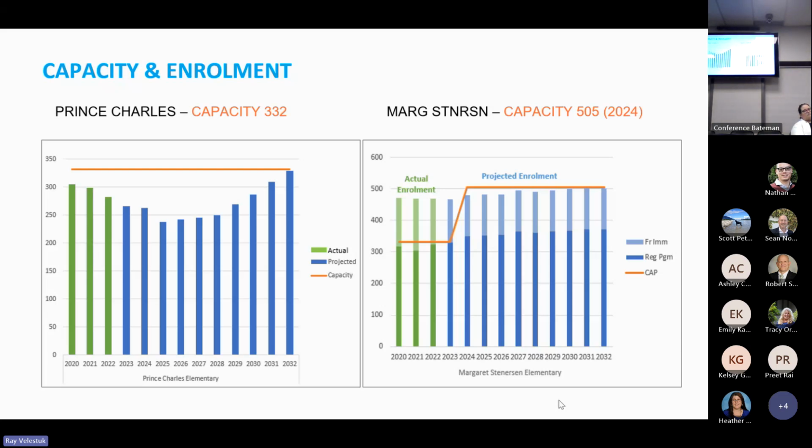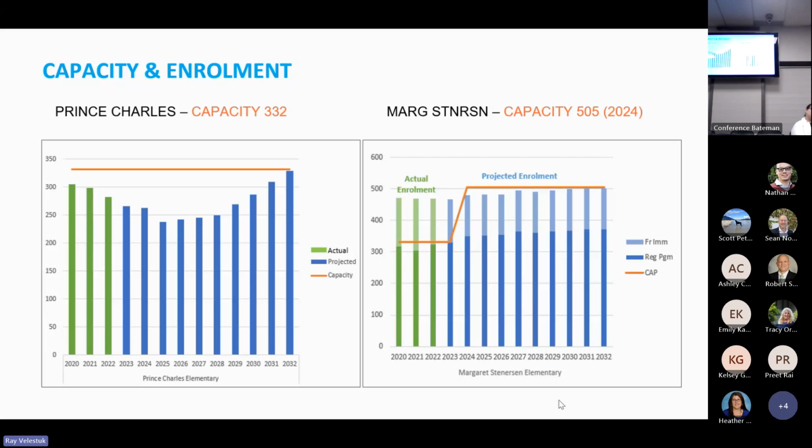It might mean you put portables on Stennerson. It might mean you force transfer students to Prince Charles. But you wouldn't likely, in my estimation, make a boundary review, because you know that in 2032 and the years that follow, as the McKee Peaks development takes off, you're going to be over capacity at Prince Charles.